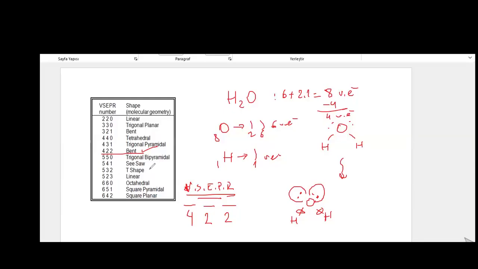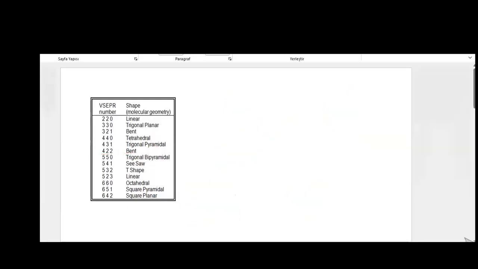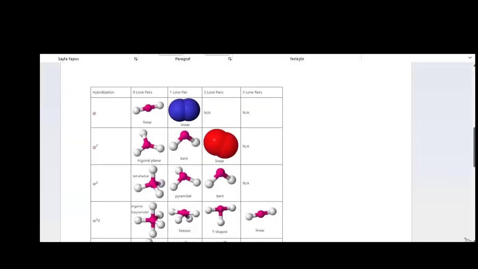So let's look at the hybrid orbital type right now. If you know the Lewis structure of the molecule, let's check the hybrid orbitals. First of all, it has 2 lone electron pairs. That's why we are going to look at that group. And also it has a bent shape.